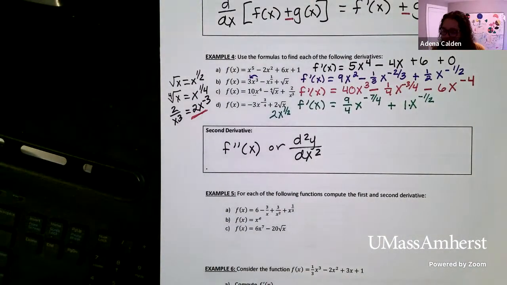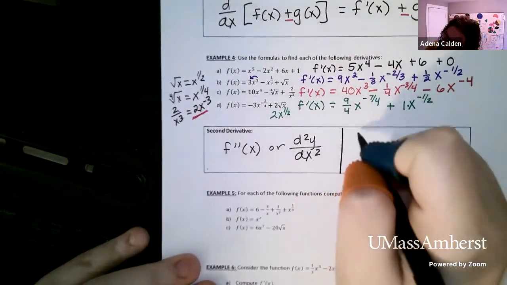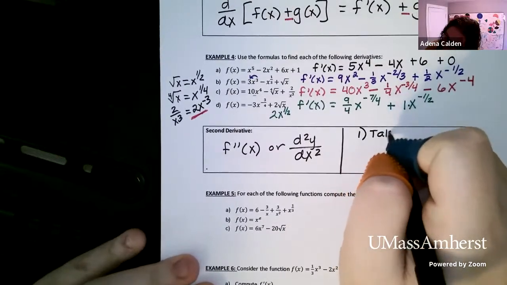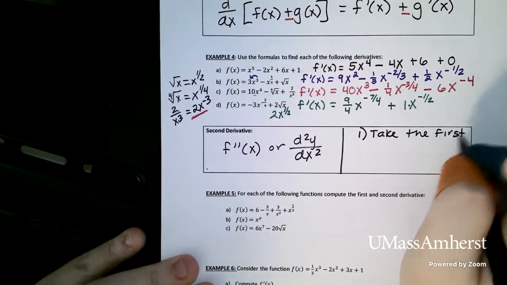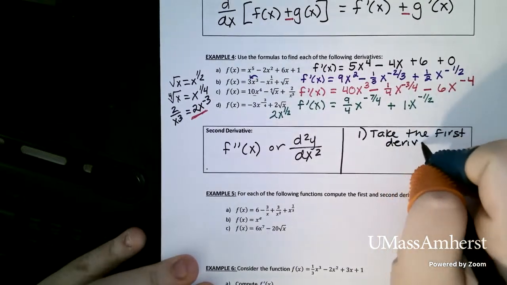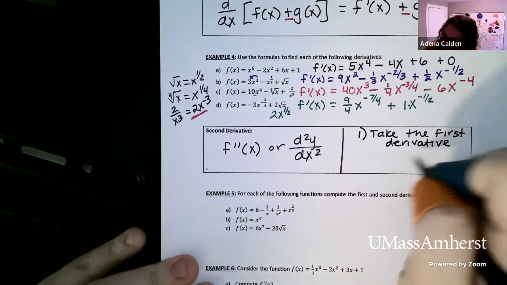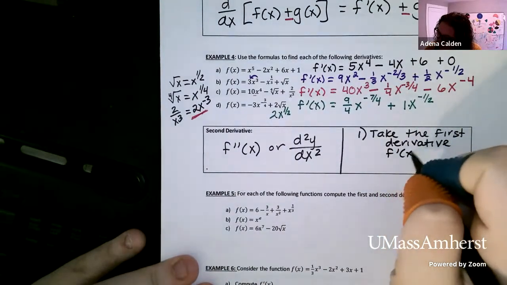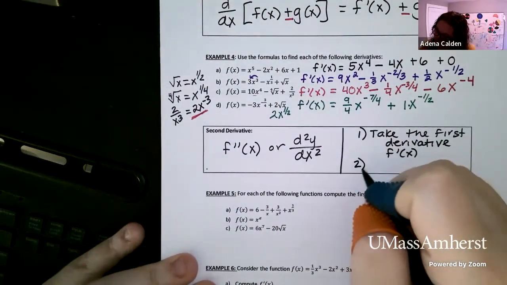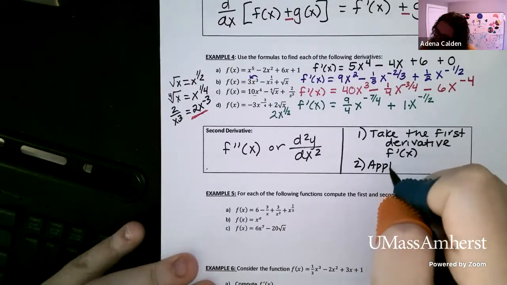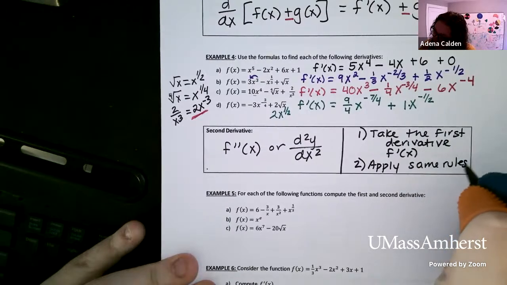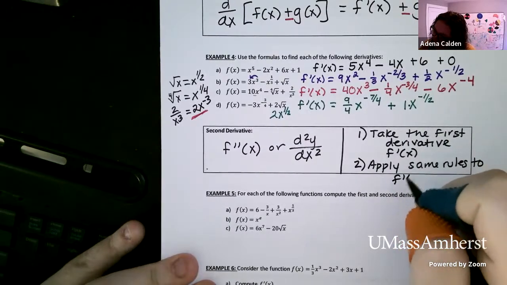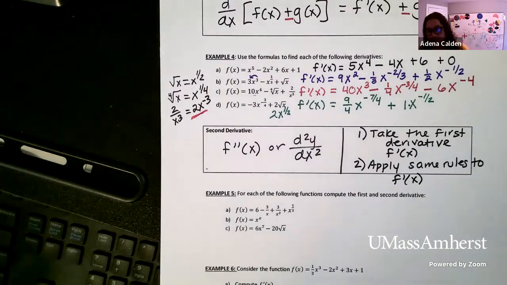And so to find the second derivative, we're going to take the first derivative, which is what we've been doing. And then we're going to apply the same rules to the first derivative function that we have found.